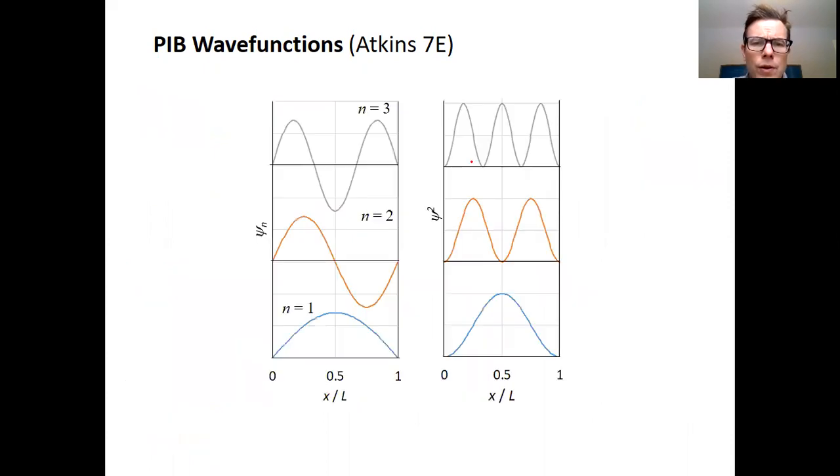So here's a little more formal plot of these wave functions. If I'm in the lowest energy state, n equals 1, right, you see that the particle hangs out in the middle. It does not spend any time at the edges of the box.